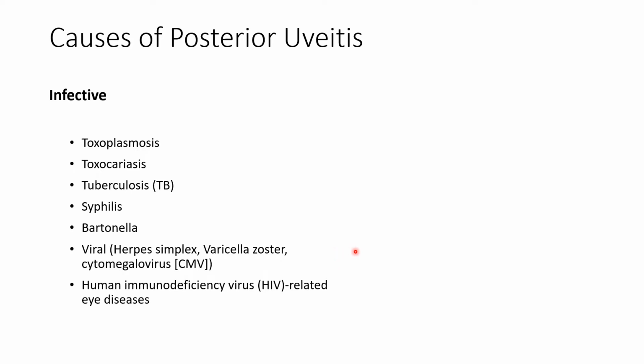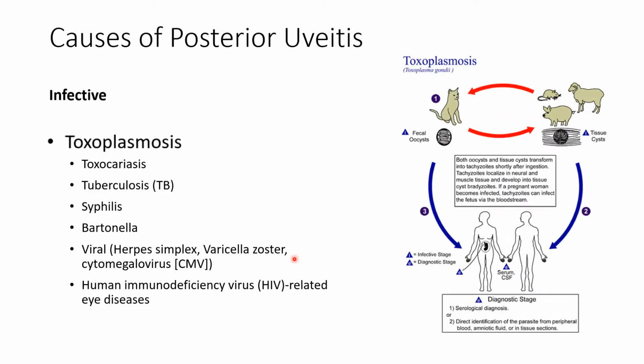Let us look at the infective causes. Toxoplasmosis is one parasite which usually infects cats and other animals, and this cycle usually is contained within this ecosystem of the cat which eats these animals.